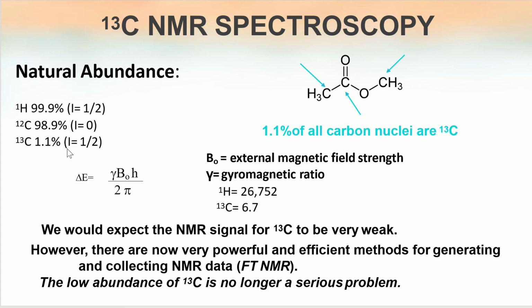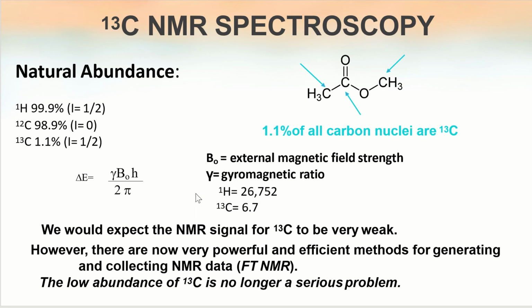So again, significant information here. 1.1% of all carbon nuclei are carbon-13, and the external magnetic field strength is represented by this, the magnetogyric ratio, and we're familiar with these equations and these terms already.